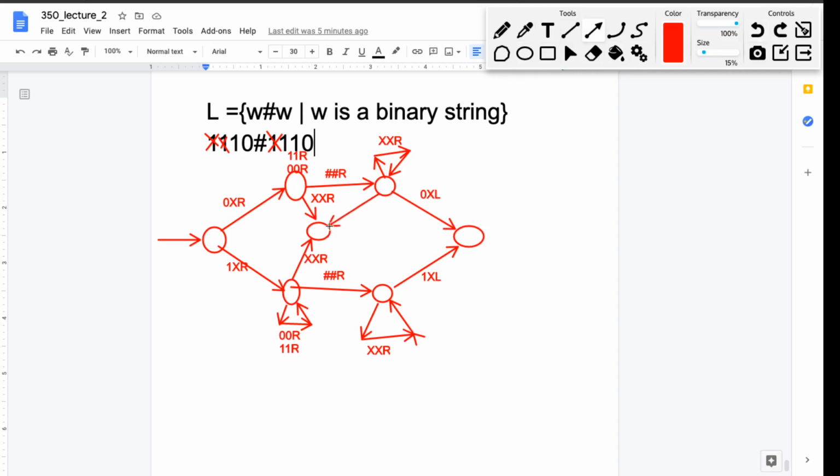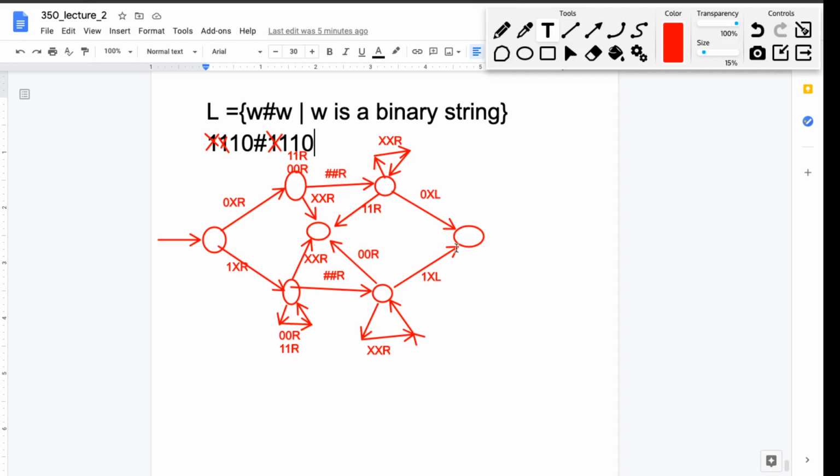Okay, so we need to reject. Although technically you don't really need to do that because if there is no transition, that automatically means you reject. But still, let's do that. 1, 1, R. 0 0 R, but anyway, so this state is rejected.